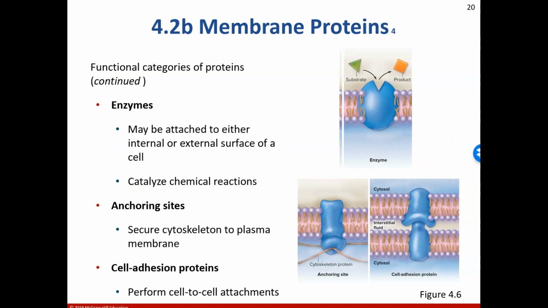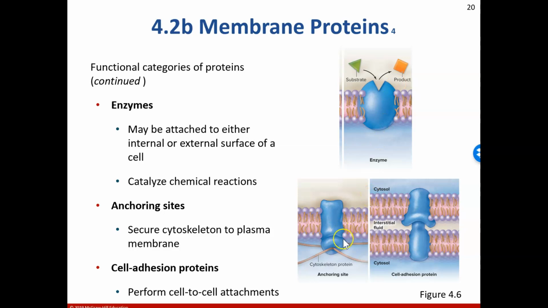Some other functional categories would be enzymes. Enzymes may be attached to either an internal or external surface of the cell and can catalyze chemical reactions. So here you could see a substrate, or you can almost think of it as like a reactant, enters the enzyme, and some type of conformational change will take place and a product will be released.